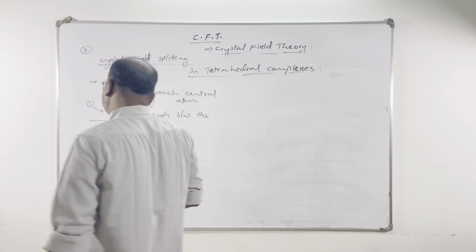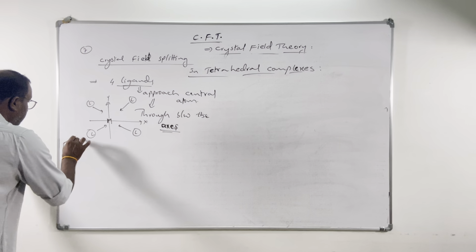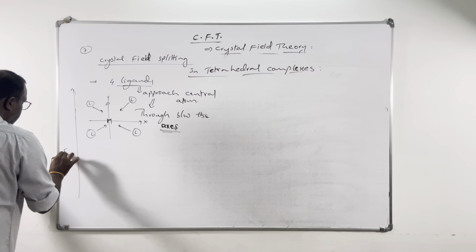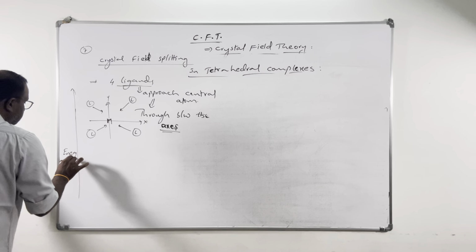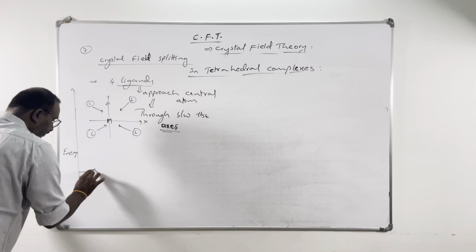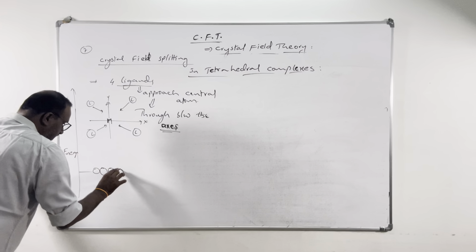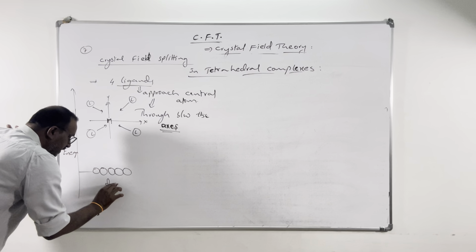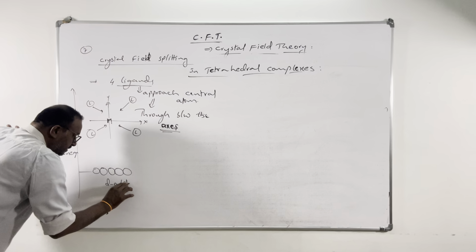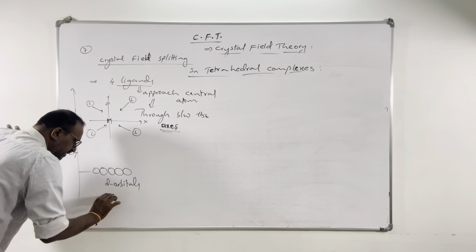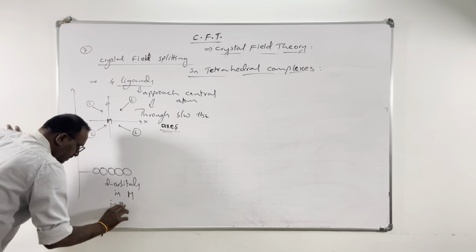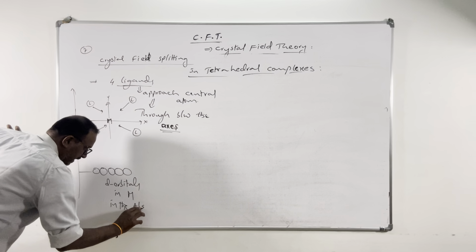Due to this one, listen carefully. Suppose this is the energy barrier. If no ligands are there around the central atom, these are the d orbitals' energy, that is, less energy in a central atom in the absence of ligands.